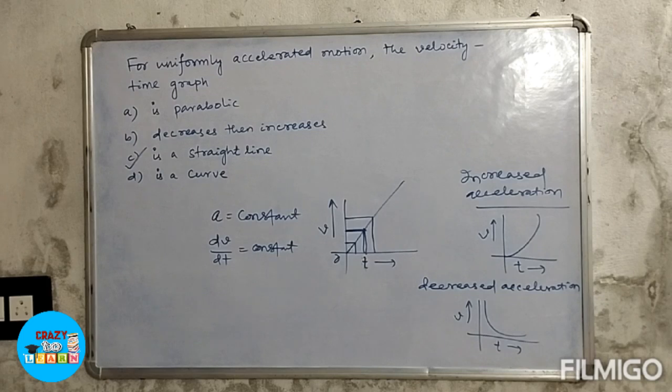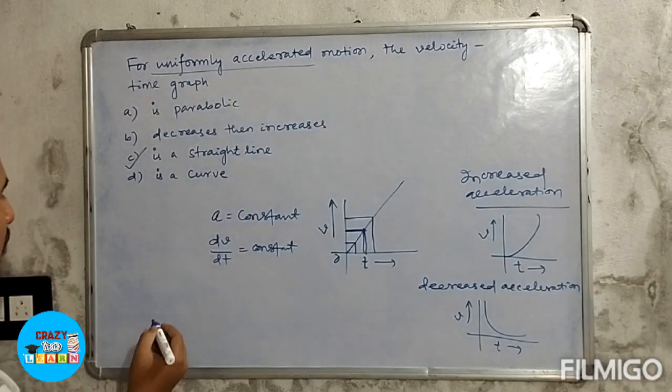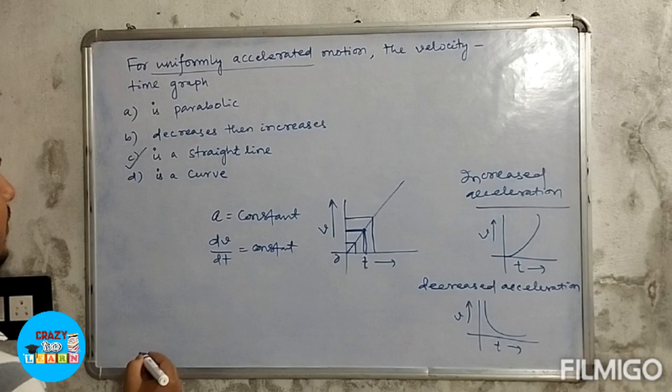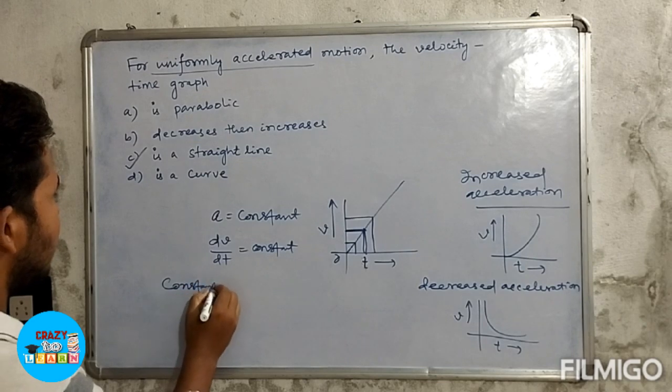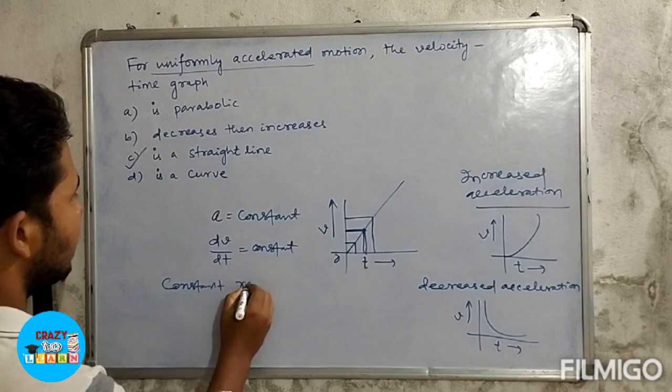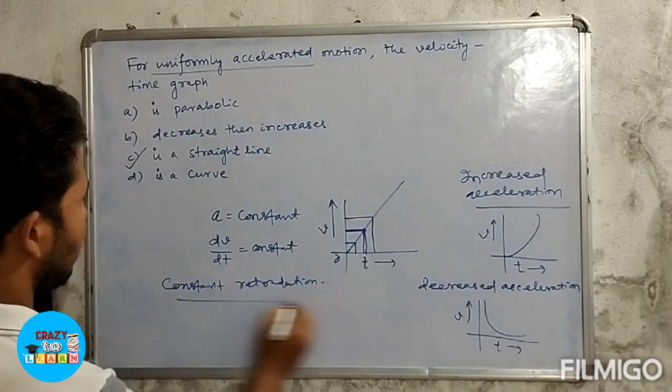Sometimes it asks you about constant retardation. A body moves with constant retardation. Then what will be the graph for the velocity time? Constant retardation. So what will be the graph?